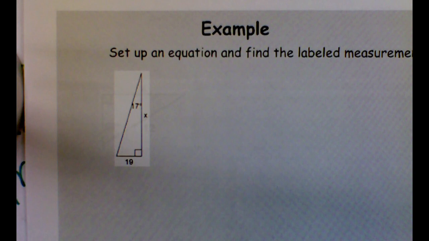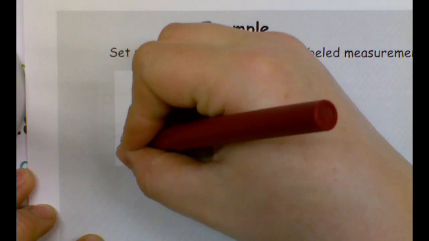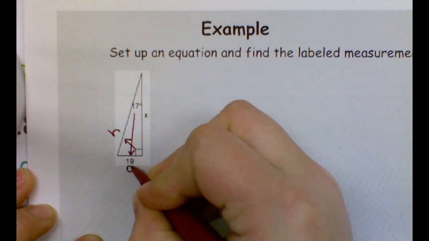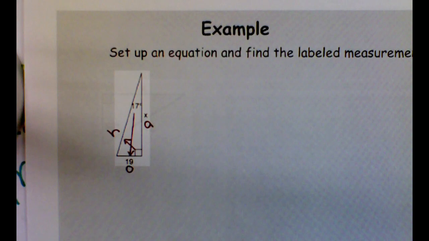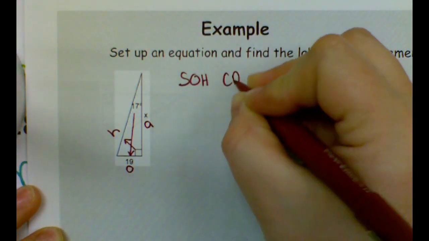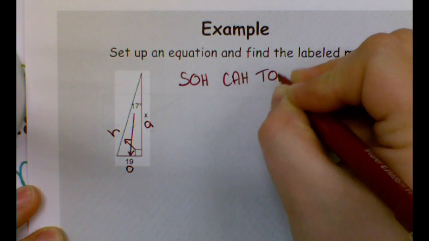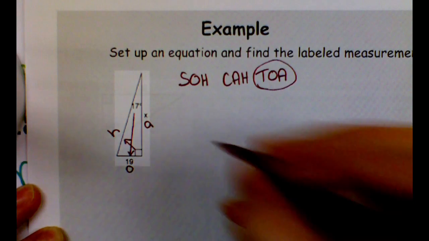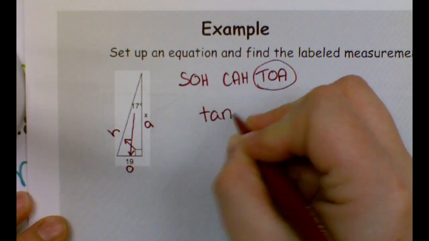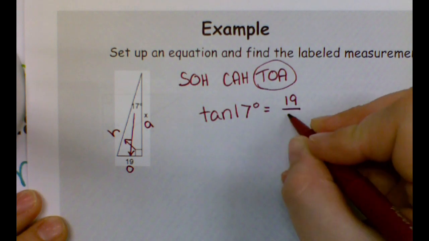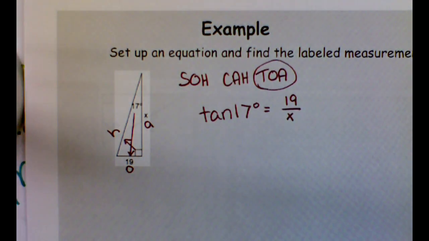All right, to find x in this one, let's look at the sides we have. Across from our right angle is always the hypotenuse. Across from my labeled angle is my opposite. Third side is always my adjacent. Look at SOHCAHTOA. I have a label by O and A, so I'm using tangent. So the tangent of 17 degrees equals opposite, which is 19, over x, which is my adjacent.